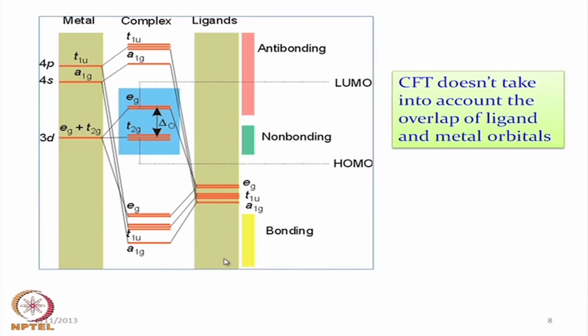In terms of the ligand field theory, the bonding interaction stabilizes the metal complex, and whatever spectroscopic, magnetic and other properties we have come from the non-bonding and anti-bonding interactions.